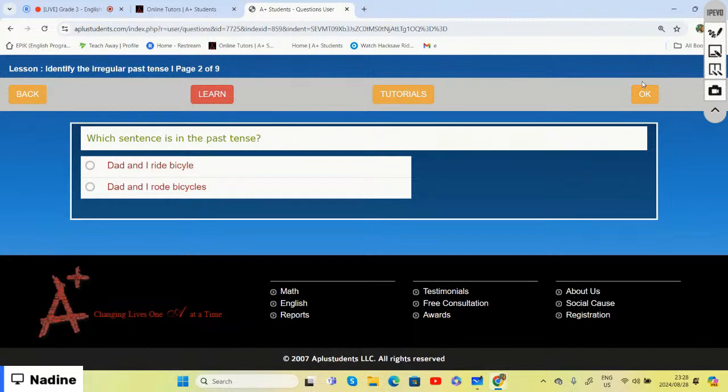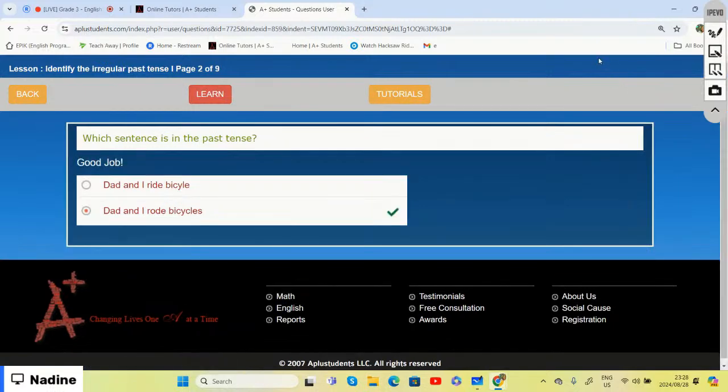So is it ride bicycles or rode bicycles? And if we were to choose the correct one, well done. We can say Dad and I rode bicycle because rode is the past tense of ride.